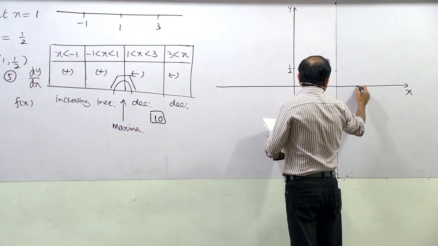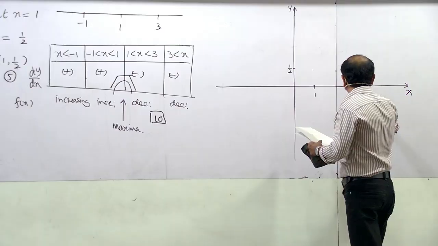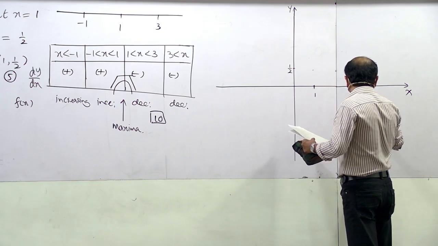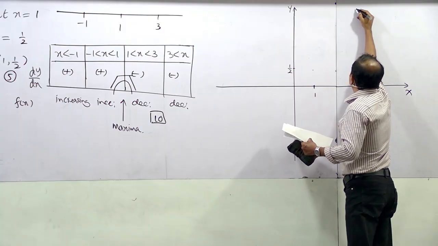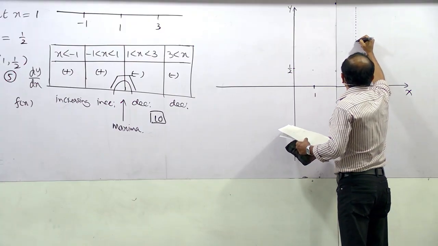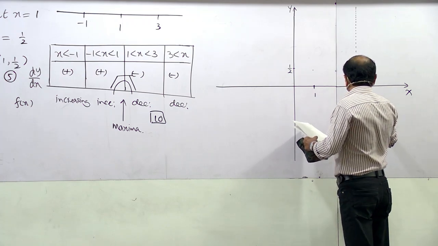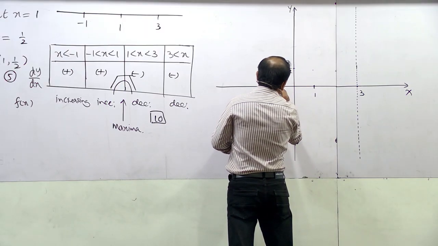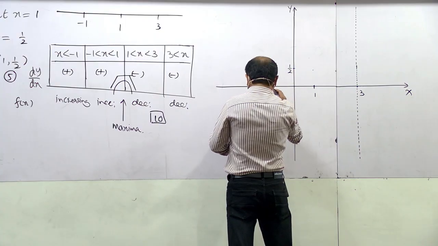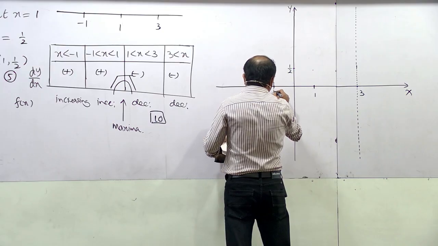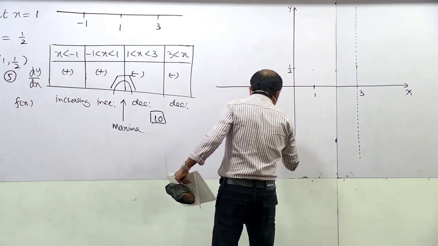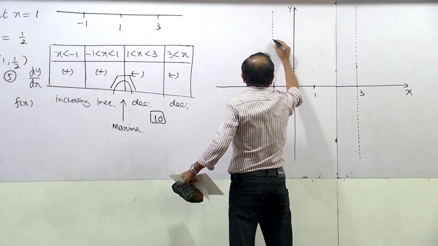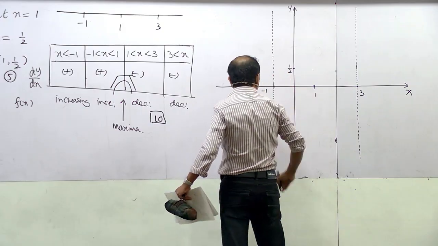At x equals 3 we have a vertical asymptote.